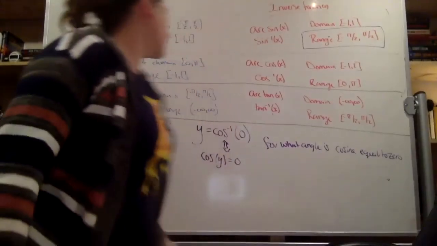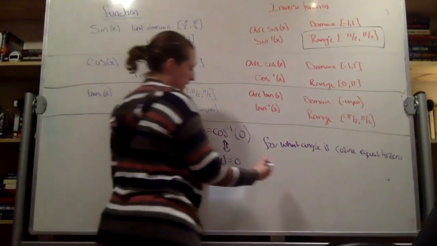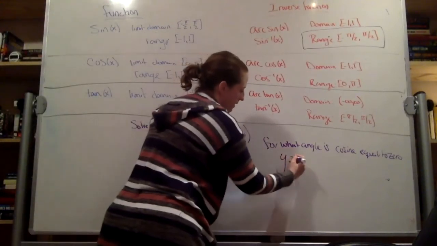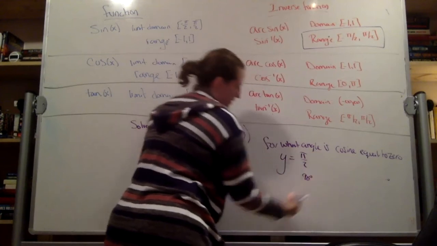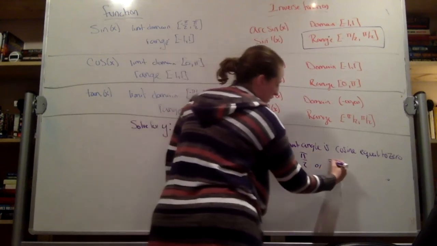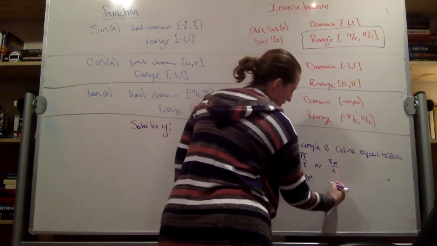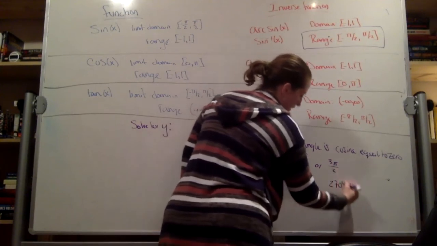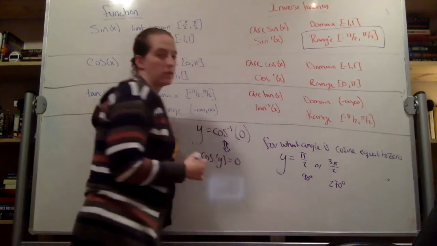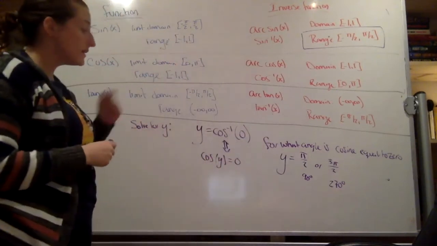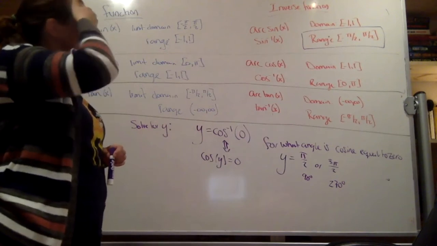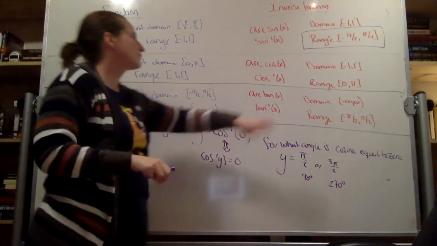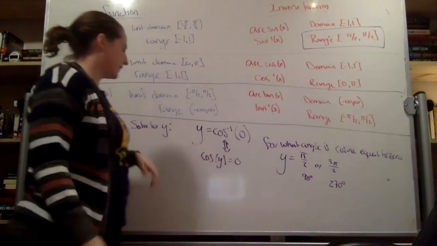Again, we saw two possibilities here. We saw that y could either be pi over 2, which is 90 degrees, or it could be 3 pi over 2 radians, which is 270 degrees. Now only one of these is correct the way this question is posed, and it has to do with the range of our arc cosine function.